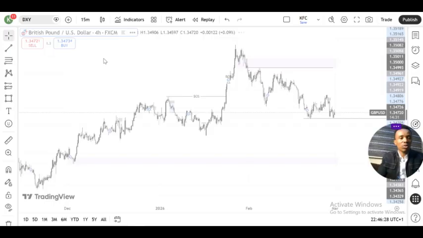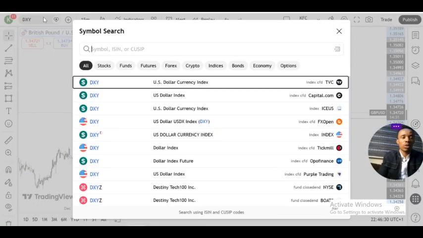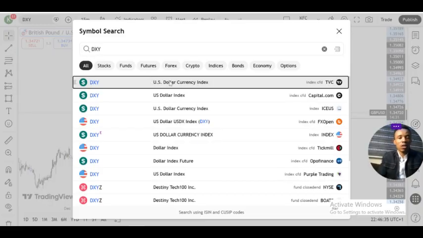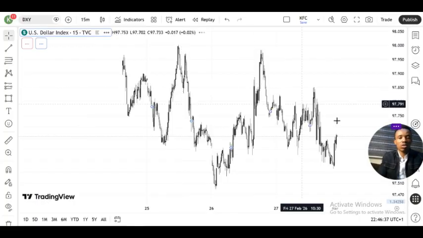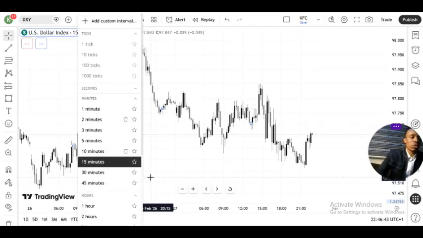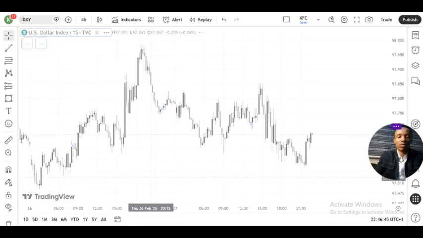Alright, just give me a few seconds. The dollar index will be up. I have a little bit of slow network, and I'm currently trying to switch it into another internet network. Alright, so this is the dollar index from the 15 minutes time frame. But first of all, let's look at the directional bias from the high time frame, and then we can know whether we're going to be going bullish in the week or not. Oh, the network is still not friendly.